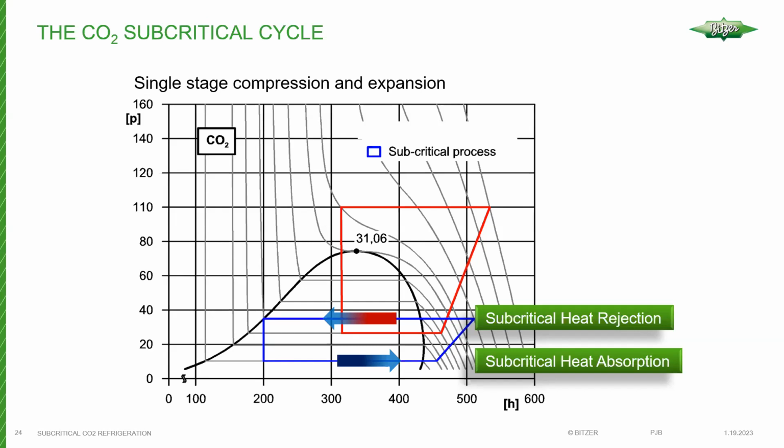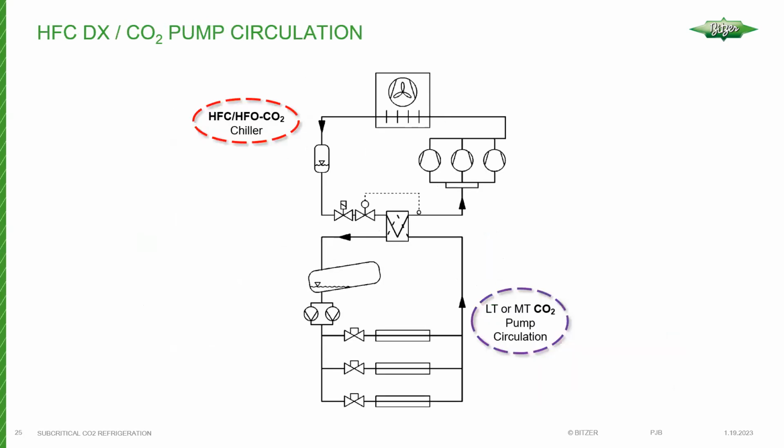We're talking about scrolls and recips and screws, but for HFC, HFO, and ammonia applications, all operate subcritically. So we're very familiar with the process already. It's just understanding the nuances of using CO2 in subcritical systems.